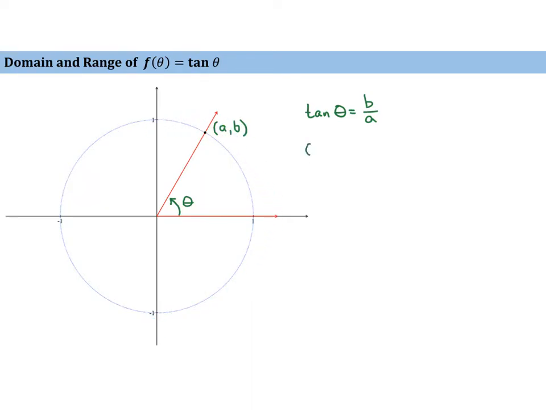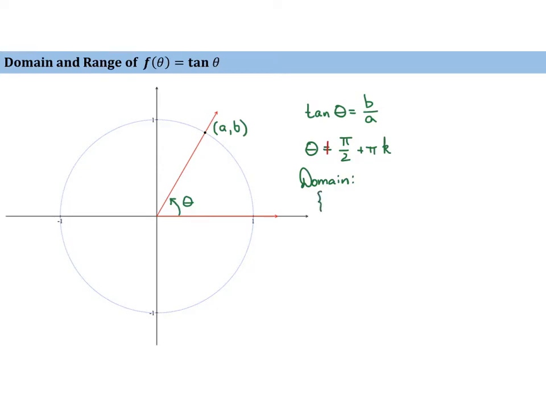So if theta is pi over 2, we have a problem. If we then go to another pi units from there, we have a problem, and on we go. We do not want tangent of theta to be undefined, so theta cannot be pi over 2 or any additional period away from pi over 2. Therefore, for the domain, we won't use interval notation for this.